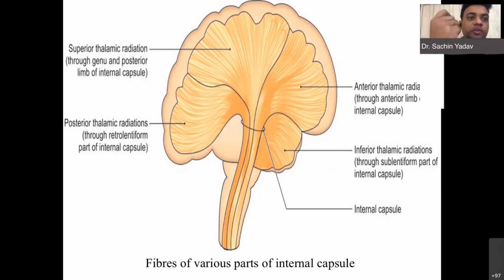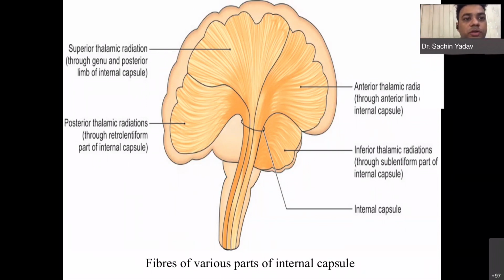Got it? Whichever sensory part is there in our body, they are getting relayed, maybe terminating on the thalamus or relaying before ascending toward the particular area, maybe somatosensory or other part of the brain. Got it?